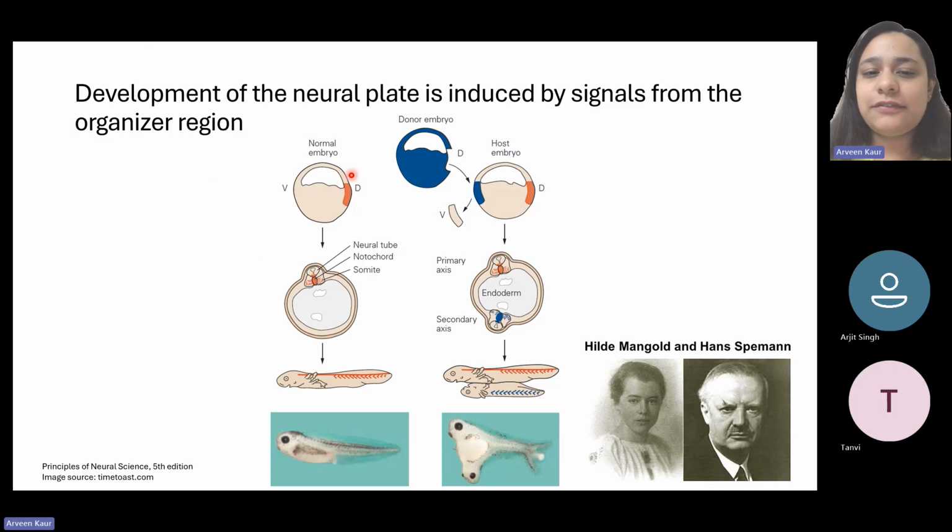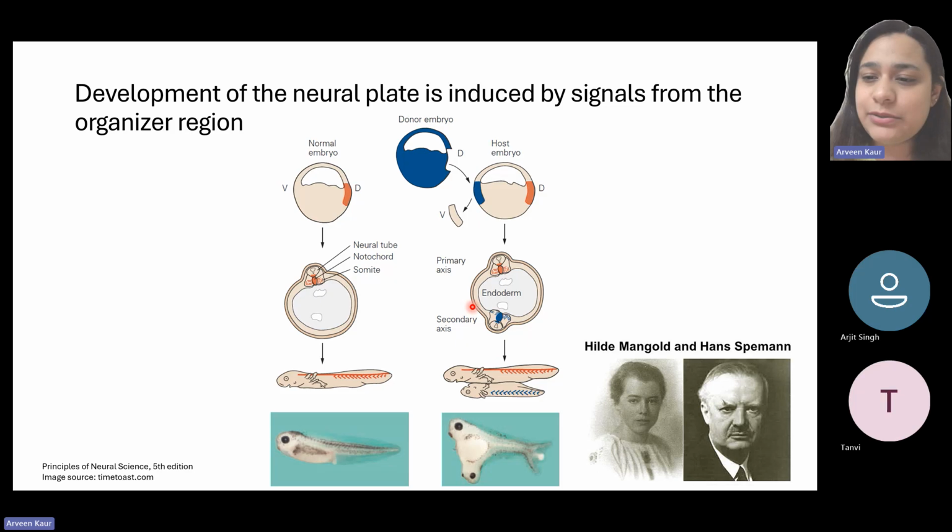What they saw was that if this was present, then it induced formation of the neural tube above it, which will eventually lead to nervous system formation. But if they transplanted another dorsal lip of the blastopore from a donor embryo into the same embryo, they saw that two neural tubes were formed, right?